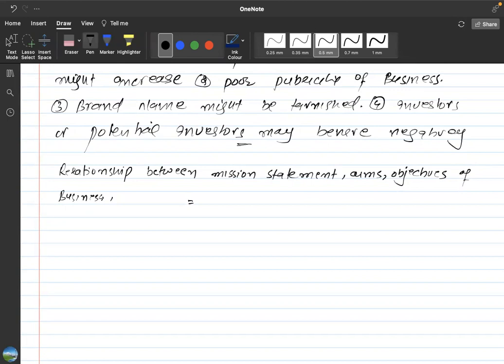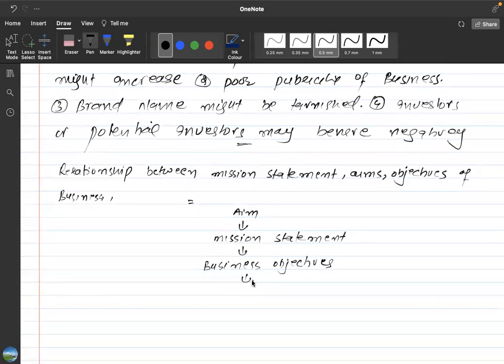There is a hierarchy of objectives. There is a pyramid that we make about the objectives that starts with the aim. On the basis of aim, we develop a statement that is called mission statement. On the basis of mission statement, we make business objectives. On the basis of business objectives, we make divisional objectives.